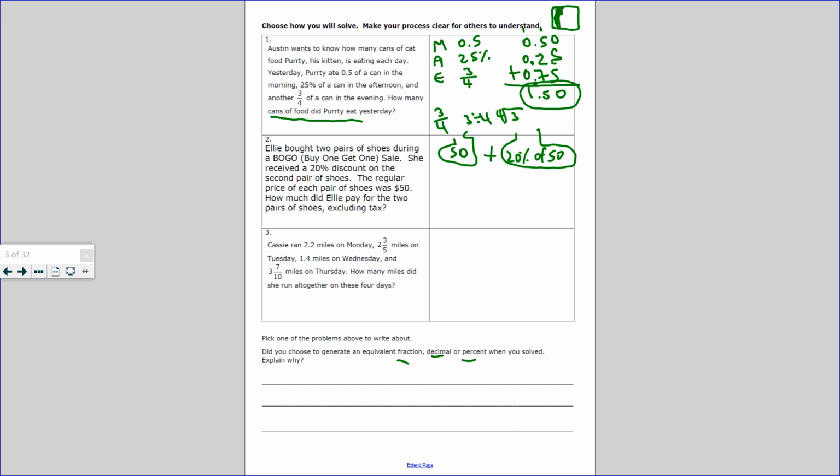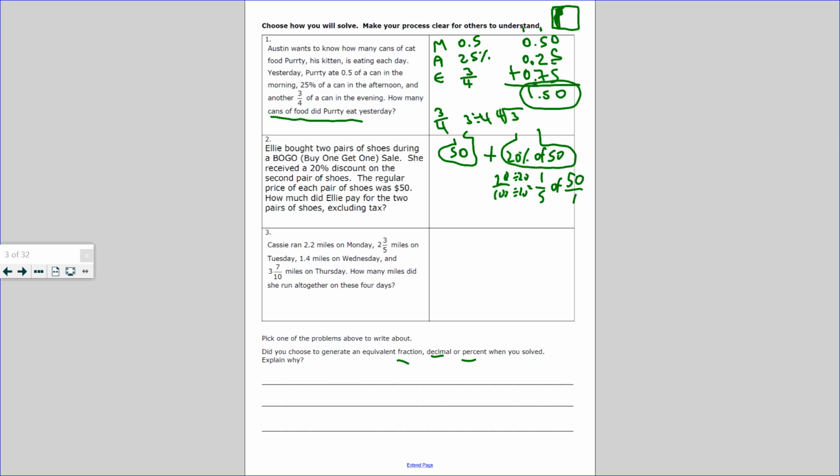So we're going to have to figure out how much she spent on both pairs of shoes. 20%. Do you know what fraction that is? 20%. 20 out of 100 divided by 20 is 1/5. What is 1/5 of 50?